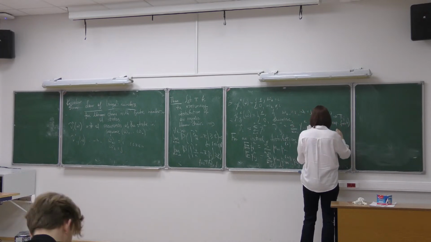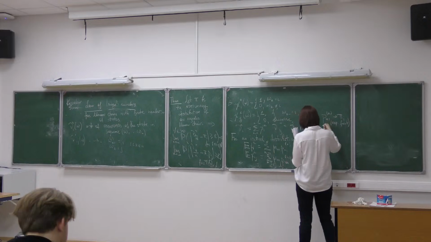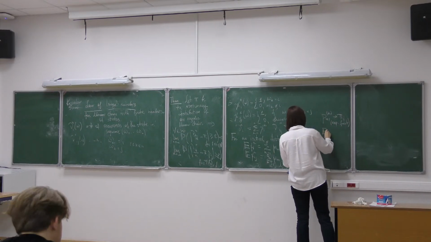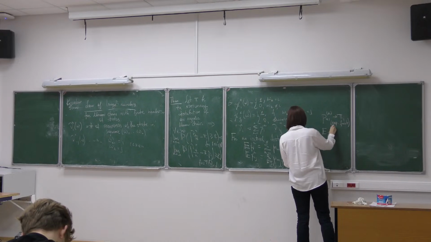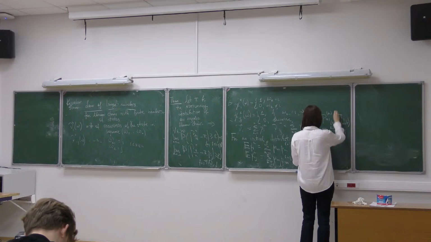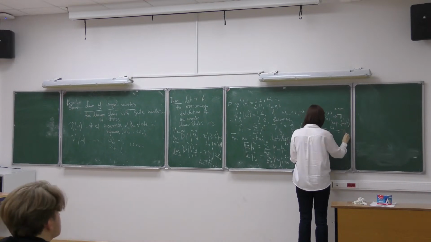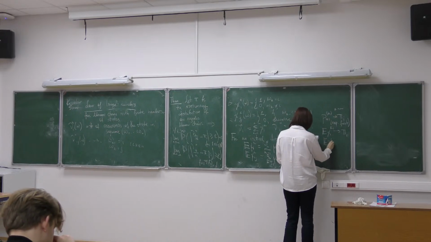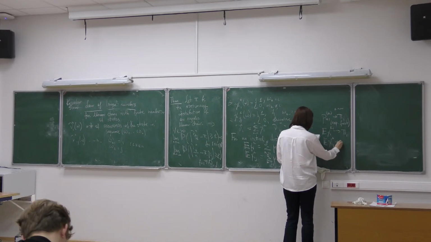But then, what does it mean for us? We can apply it to these formulas, and thus we can say that if we take k to infinity, then we have a convergence here, and we do have convergence here.